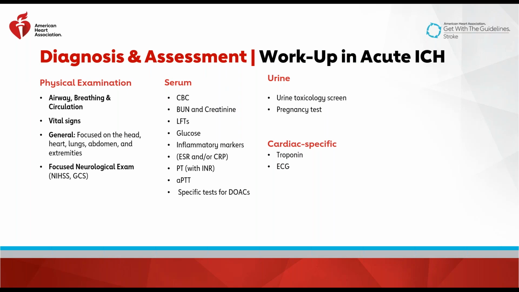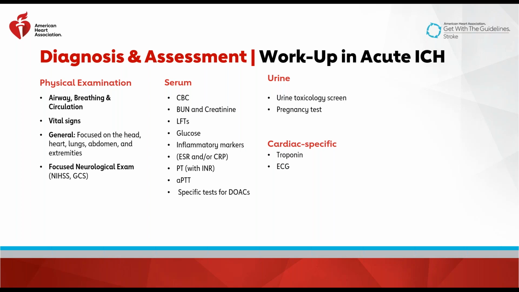The diagnosis and workup. We start everything with our ABCs: airway, breathing, and circulation. Vital signs really focus a lot around hypertension control, then a general exam and our neurological exam, including but certainly not limited to the NIH stroke scale and the Glasgow coma scale.